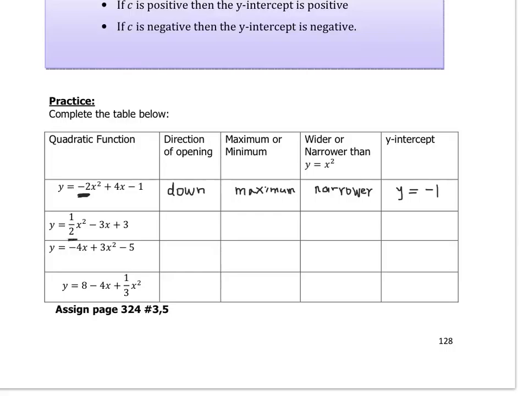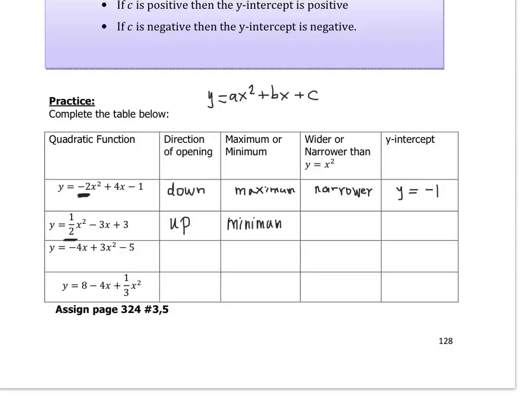The second one has an A value. The A value is what's always in front of x squared: a x squared plus b x plus c, where c is your constant. In this one, the A is positive, so it would open up, and because it opens up, it has a minimum value.